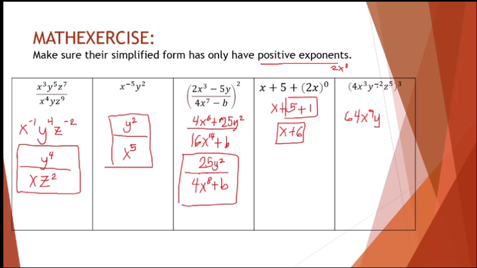Kapag nag-multiply tayo ng negative sa positive, ang answer is negative. So, we have negative 6. Next, we have 5 times 3 is 15. Diretsahan na to. Ito lang naman yung merong negative. So, ngayon, ito ang answer natin.